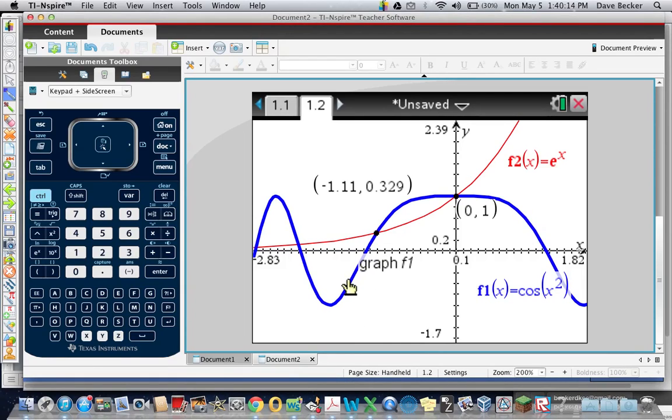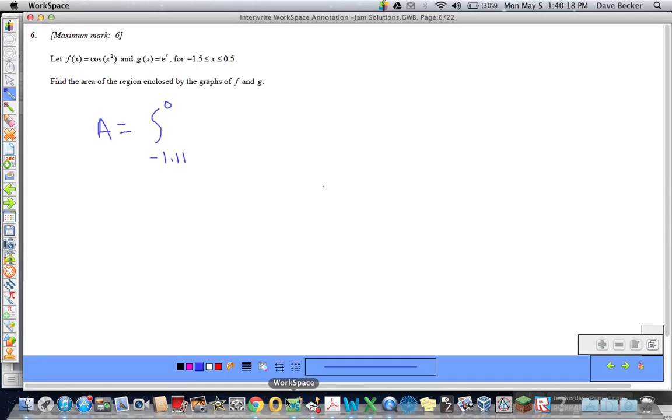Cosine x squared is on top. So it's top minus bottom. So this would be cosine of x squared minus e to the x dx. You don't know how to integrate cosine of x squared, but we do have our calculator.